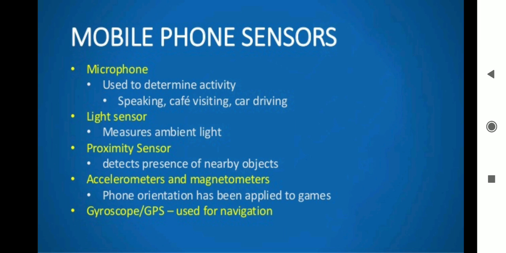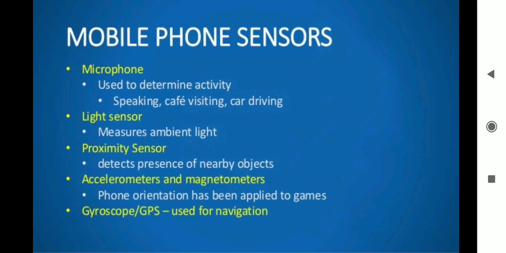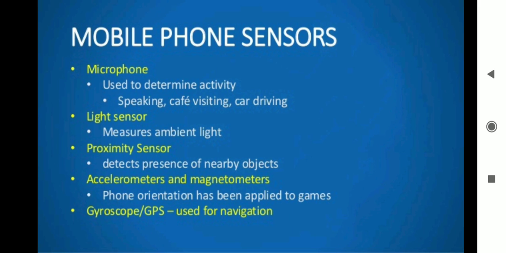The next important sensor is the gyroscope. The function of this sensor is to allow you to play games with your phone, move your phone to switch the view in games, and navigate when GPS services are not available.